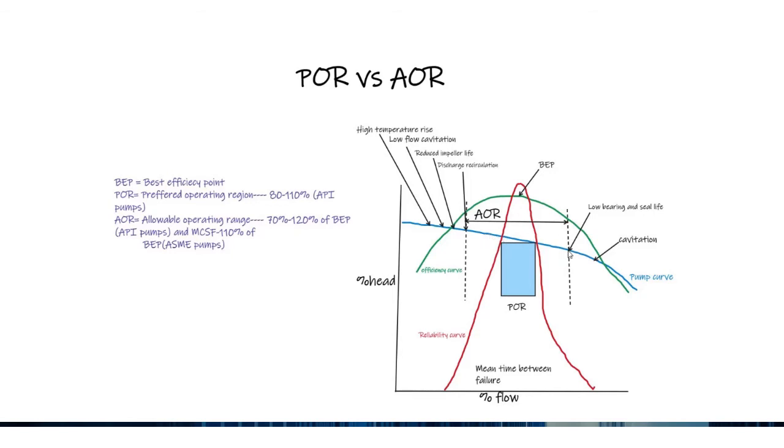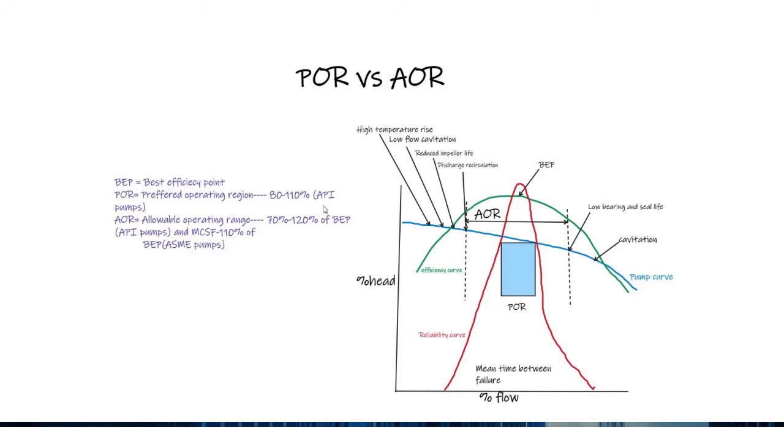So the maximum allowable range over which the pump can operate while slightly compromising the reliability and efficiency of the pump is basically called the allowable operating range. This is the maximum range which the manufacturer allows you to operate within.